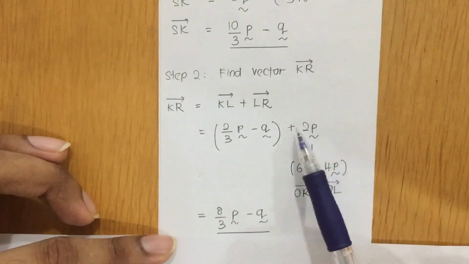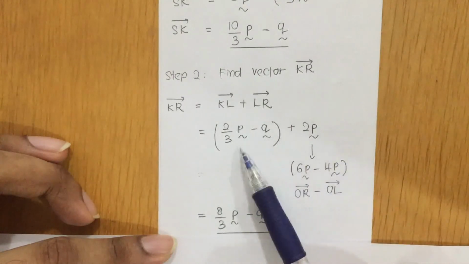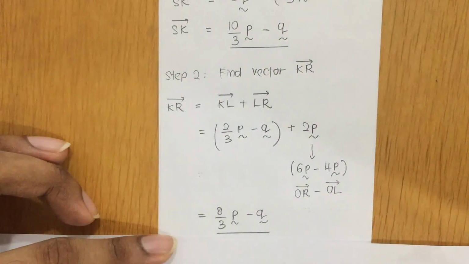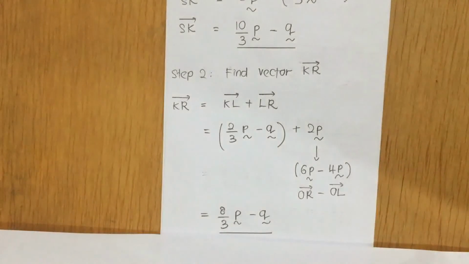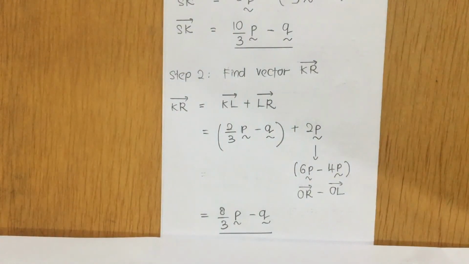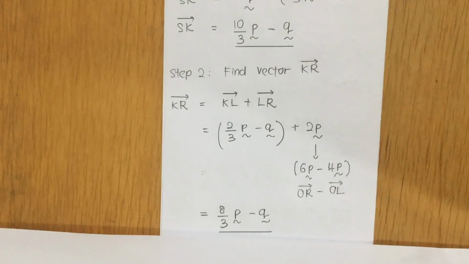This 2p is added to vector KL, and that's how we get vector KR. I know it's a tough question, but these are the steps, guys. Take it easy, and digest all the information you have gathered. Let me continue to the next step.